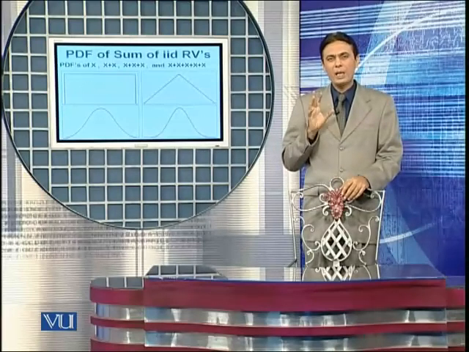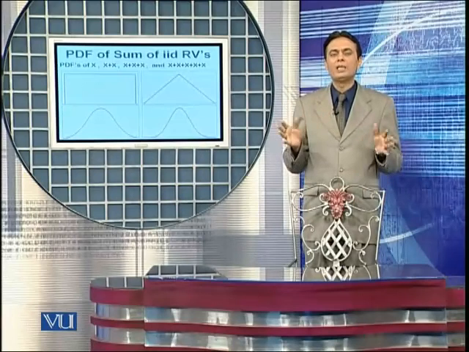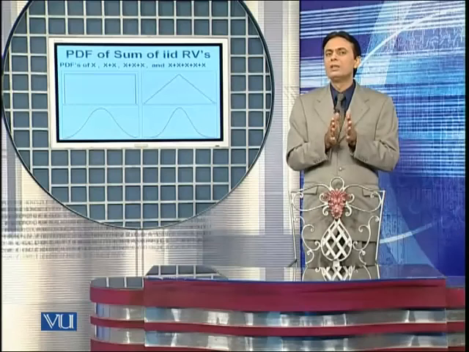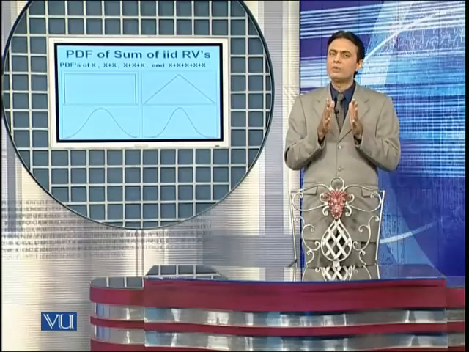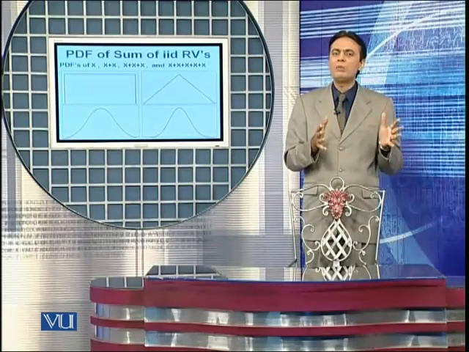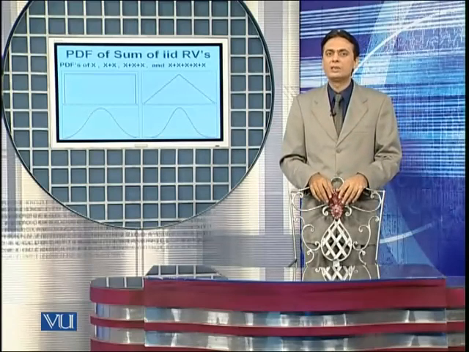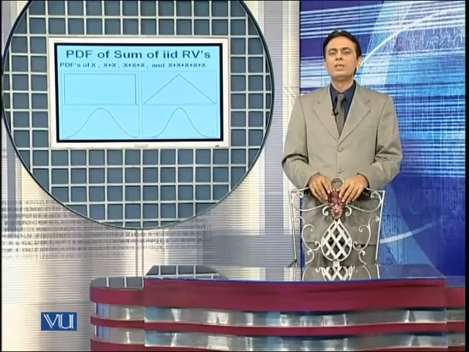So we can guess that if you add a lot of independent random variables, the PDF of their sum will approach a Gaussian distribution. Actually, this is indeed the case, and we are going to cover this in coming lectures.